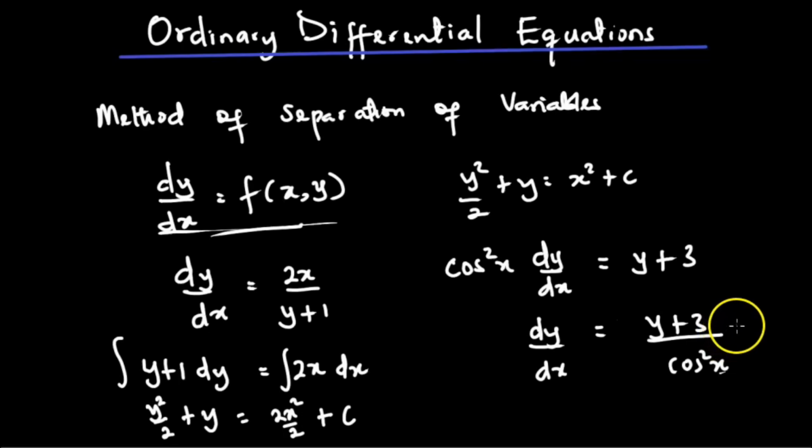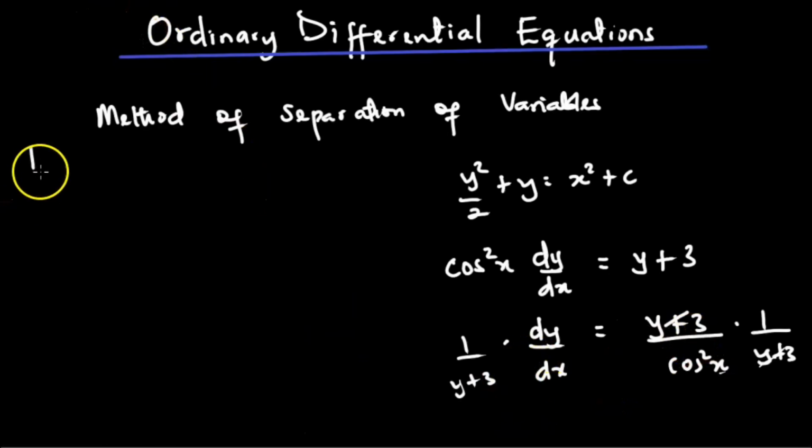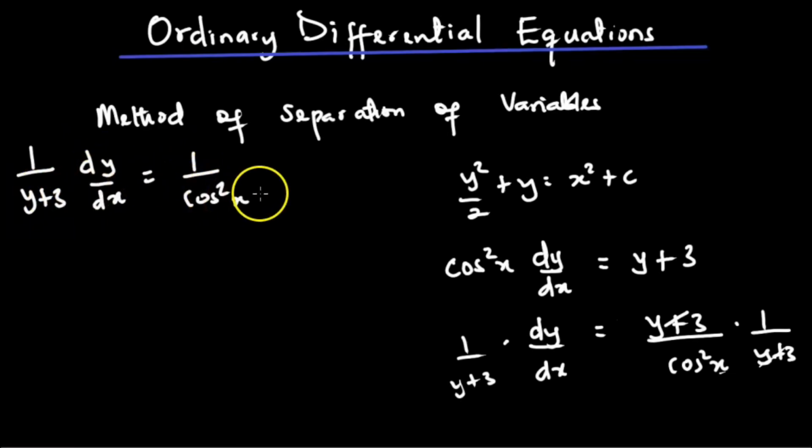We can divide both sides by y plus 3, or multiply both sides by 1 over y plus 3. So y plus 3 cancels out y plus 3. Now we have 1 over y plus 3 dy/dx equal to 1 over cos squared x.